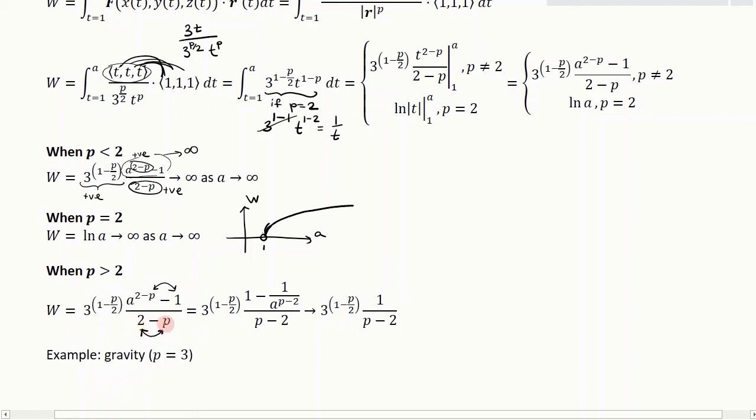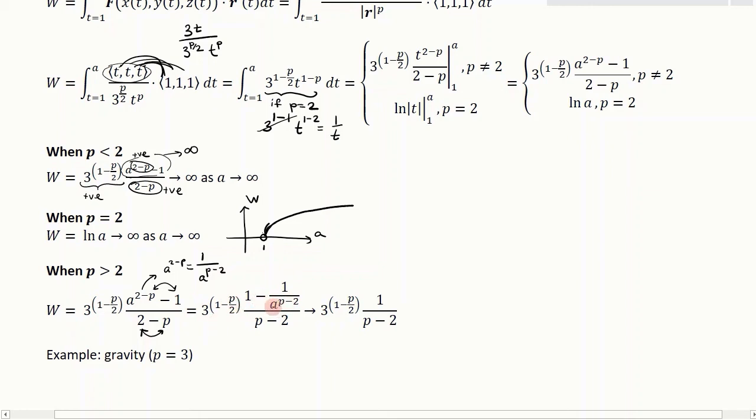That's the same thing as multiplying by a negative number. So now I have 1 minus a to the power of 2 minus p. But a to the power of 2 minus p equals 1 over a to the p minus 2. That's why I wrote this over here.